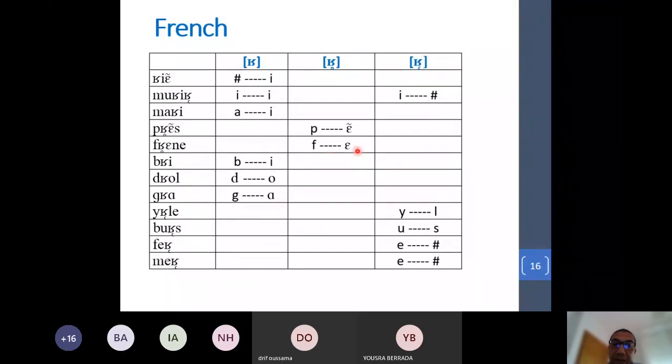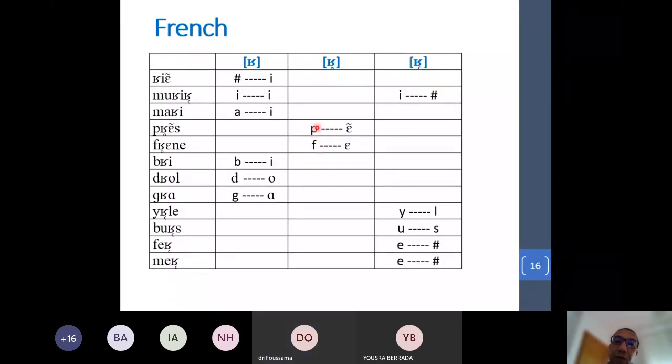When you look for environments, you need also to look for an environment which makes sense. If you look at the left environment, it is the left environment that makes sense.